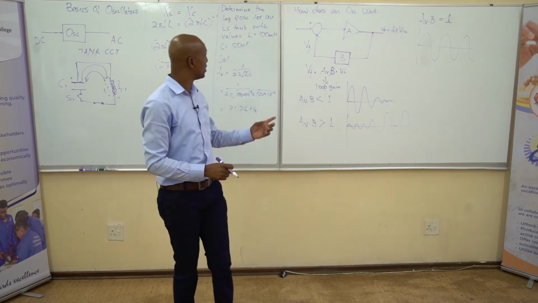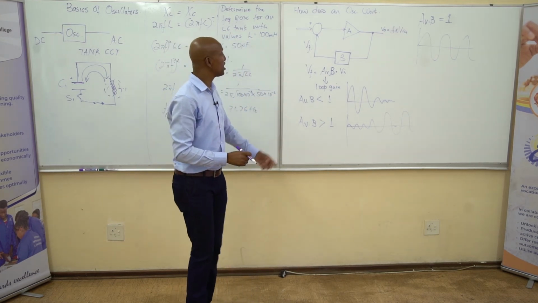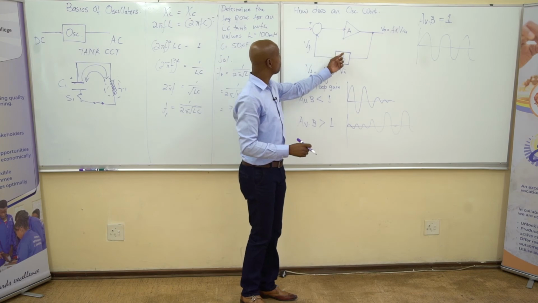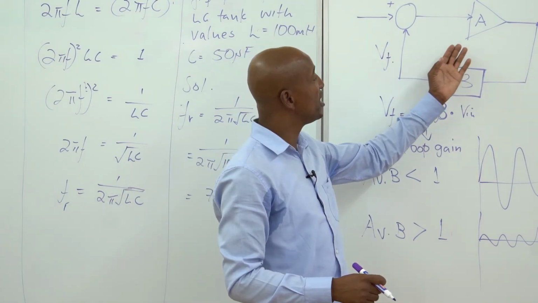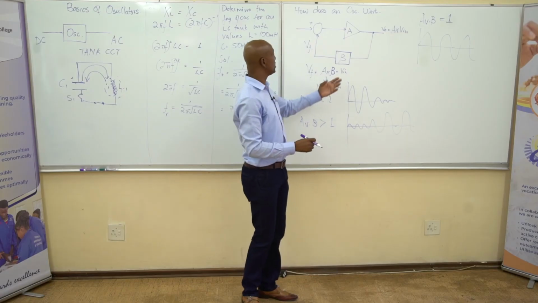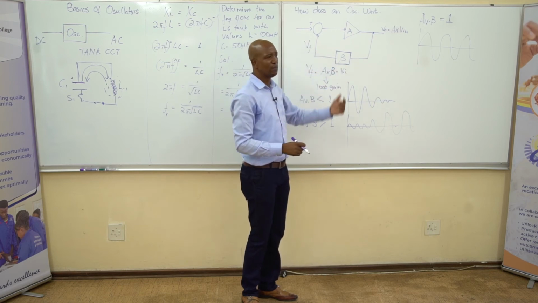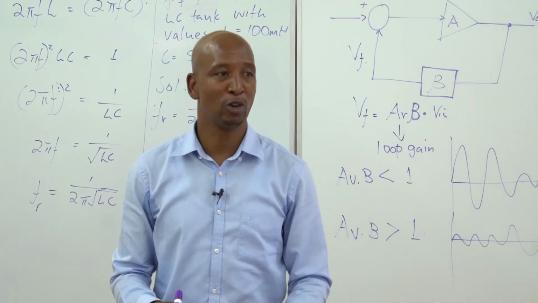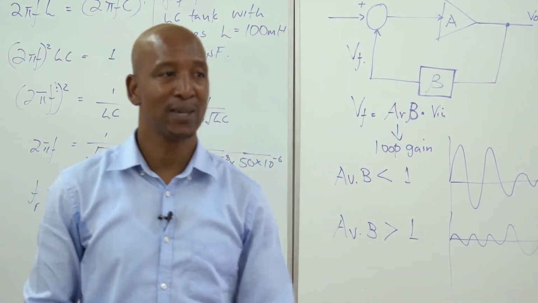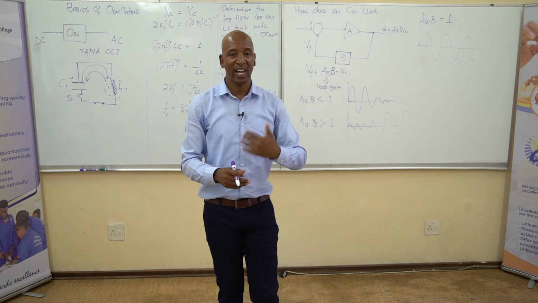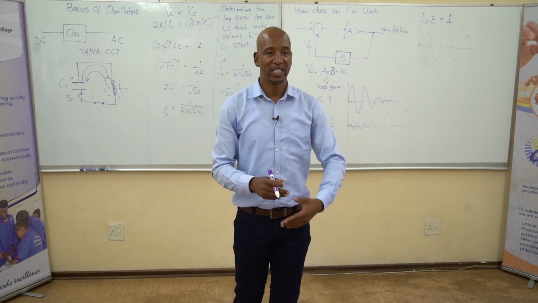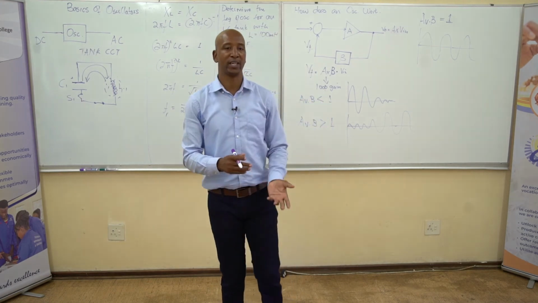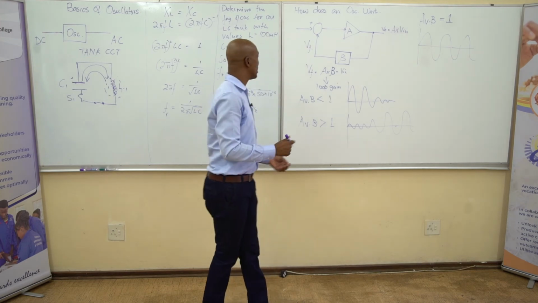So somehow it must be achieved. If our amplifier is capable of giving us no phase shift, it will be suitable. But if our amplifier is giving us an inverted output, then we need some kind of circuit which will provide us with positive feedback. That's condition number 2.